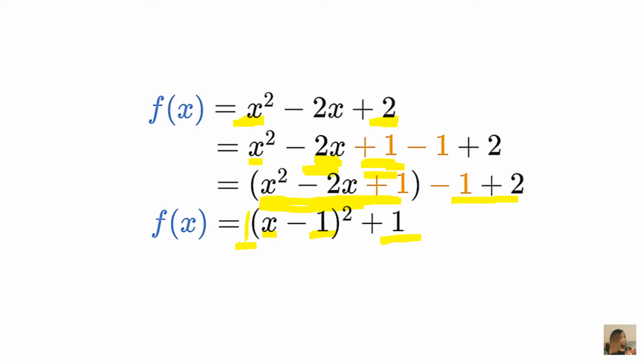So the vertex occurs at (1, 1), and this is going to be a minimum value because it's a right side up parabola. And notice that the x is inside the square. So anything that's squared can either only be 0 or a positive. And so out of those two options, 0 would be our lowest value.